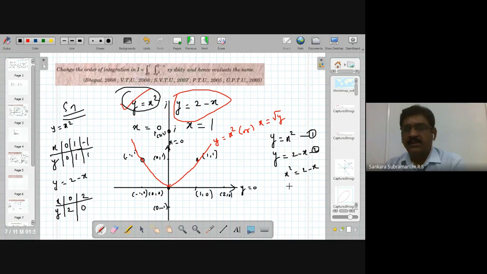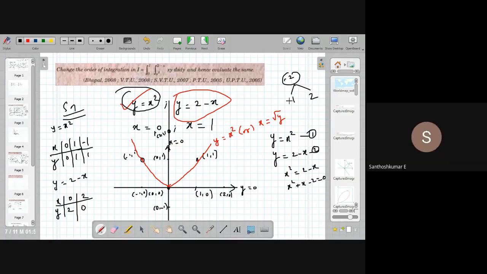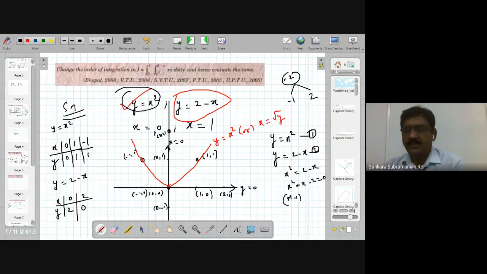So you get x square plus x minus 2 equal to 0. To get minus 2 by multiplying two numbers that add to plus 1, the numbers are minus 1 and plus 2. So x minus 1 into x plus 2 equal to 0, so x is equal to 1, x is equal to minus 2.